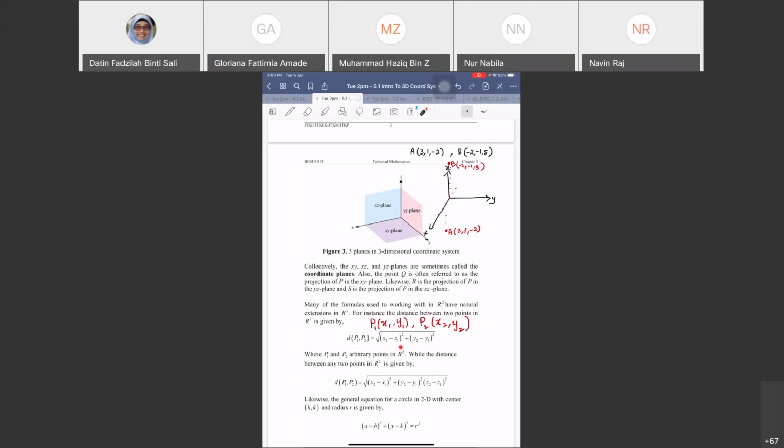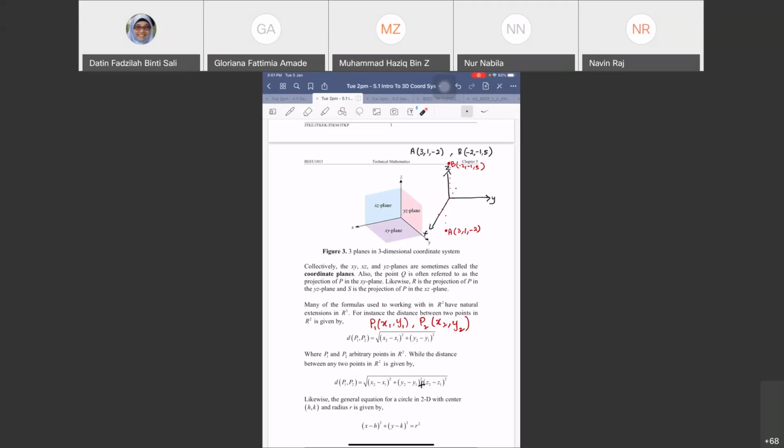this is the formula. So now you have not 3 points, you have 3 coordinates in a three-dimensional system: x, y, z. So you just need to extend one more coordinate for the z. That's a typo also, this one about plus there. So this is for the three-dimensional coordinate system, finding distance from 2 points.